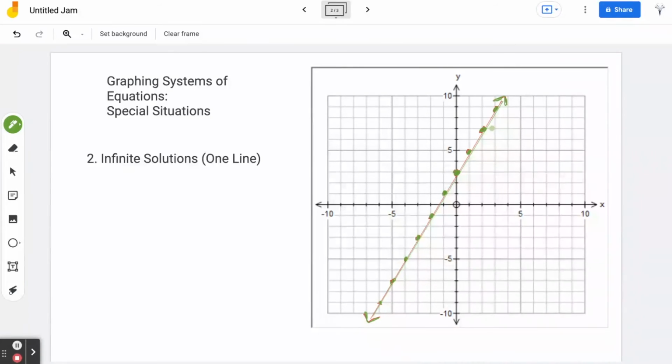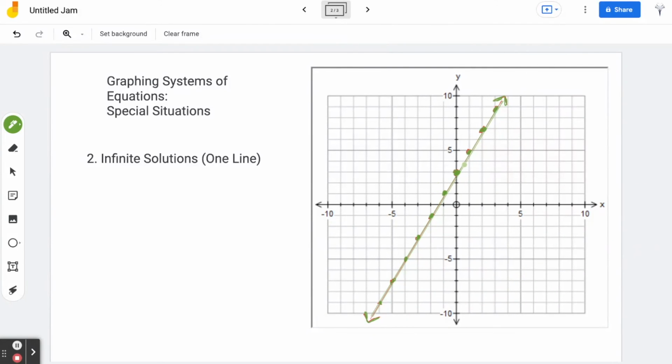Okay. So whenever you have two lines that sit directly on top of one another, and you can see these lines sitting on top of one another, they will have infinite solutions. Again, the reason for this is the answer to a system of equations is when the two lines touch. So if those two lines are always touching, you will have infinite solutions.